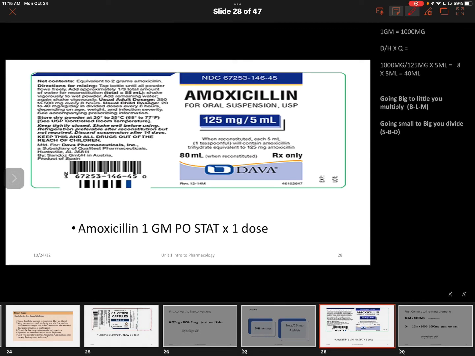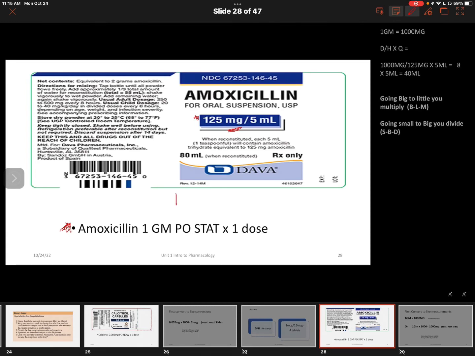The doctor has ordered amoxicillin 1 gram PO stat times 1 dose. But what we have on hand is milligrams. So here we have 1 gram that needs to be converted to milligrams.